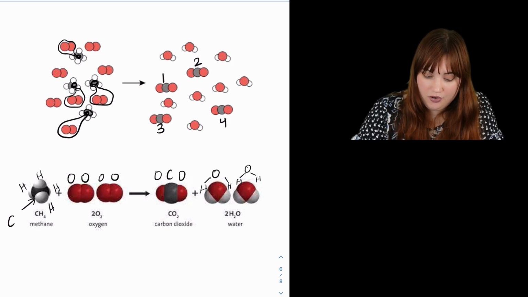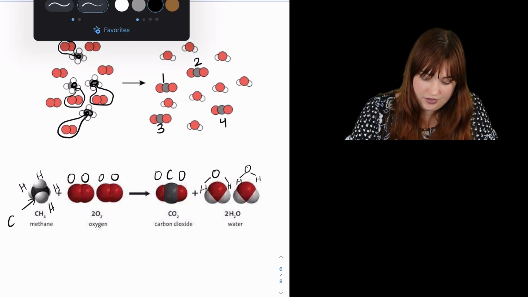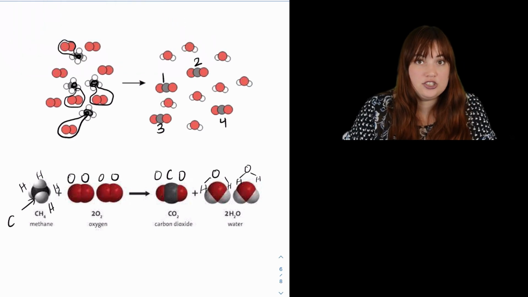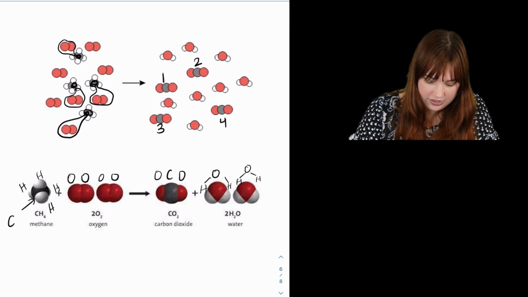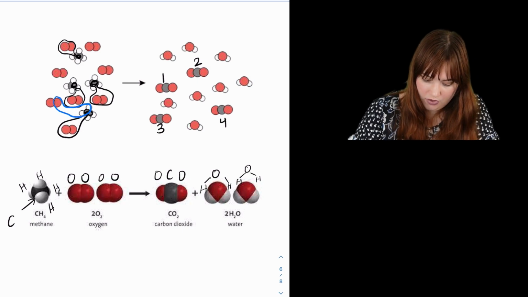Now with what's left over, I need to make water molecules. We want to pay attention again to the ratio here. For water molecules, we have 1 oxygen for every 2 hydrogens. So I'll see what oxygens are left over and match all of those with 2 hydrogens. So that would make 1 water molecule.